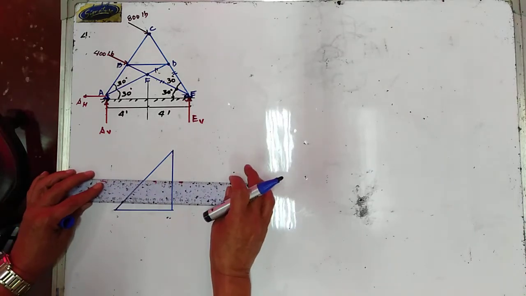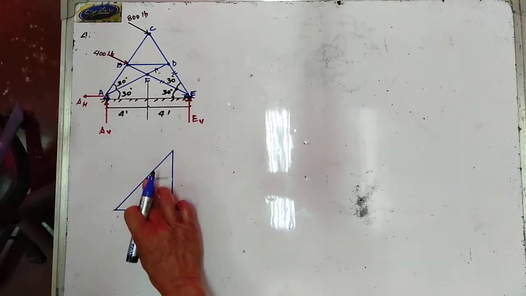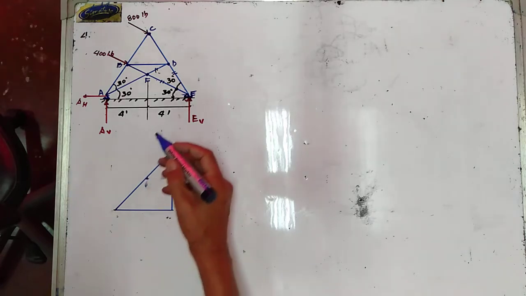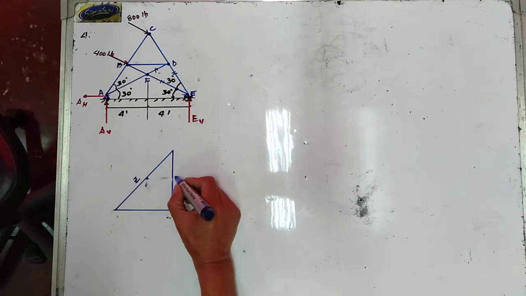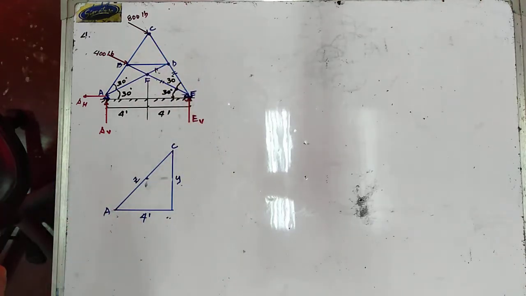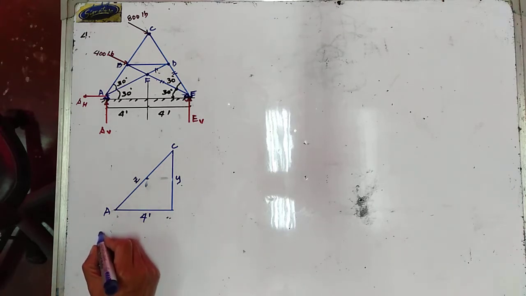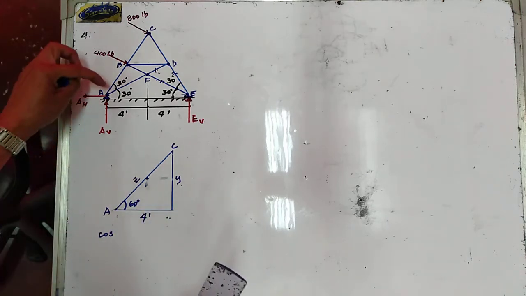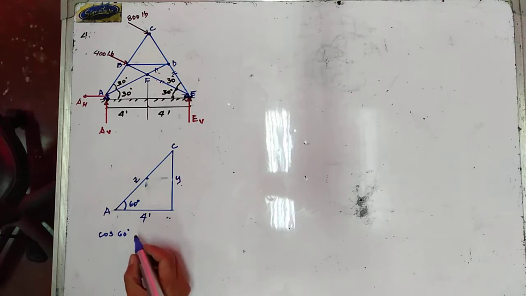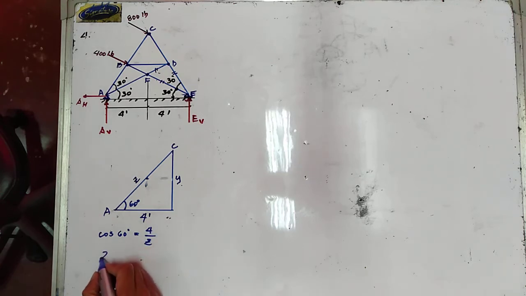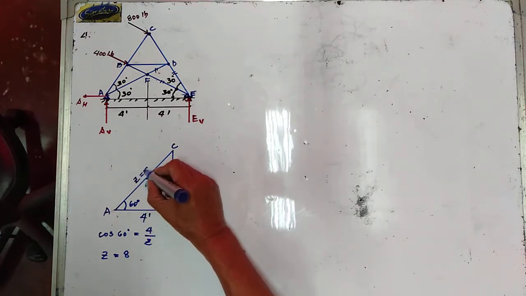I'm just going to consider this one in here is now your Z, and this is your Y, this is your 4 feet, this is your A, and this is now your point C. This angle in here is equal to 60 degrees, so we have 30 and 30. So cosine of 60 degrees is equal to 4 all over Z. So the value of Z is 4 over cosine of 60 degrees, and that one is now equal to 8. So your Z in here is equal to 8 feet.